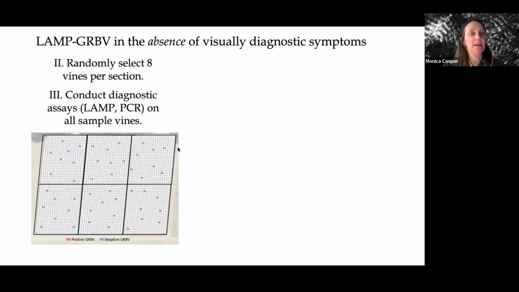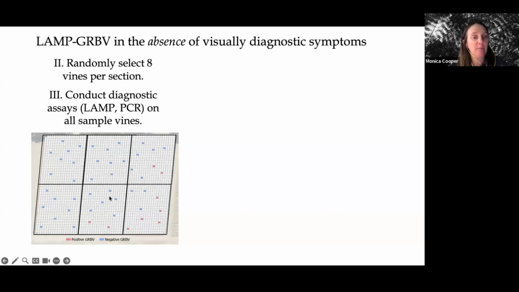And within each section, you're going to randomly select 8 vines, and you're going to conduct your LAMP assay on those sample vines. If you don't have access to LAMP, you could also do this using traditional PCR methods. Collect samples from those vines, send them off to a lab, and determine their red blotch status.